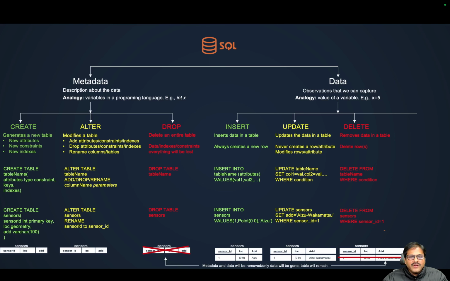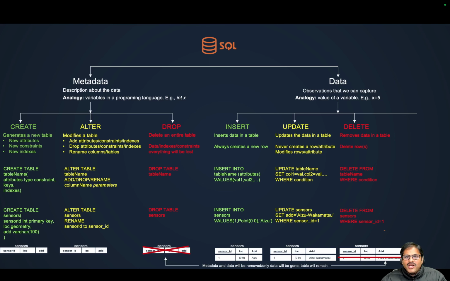Now look at the differences between the drop and the delete command in SQL. Drop removes the table and the data also, whereas the delete command only deletes the data. The table and its metadata remain intact.